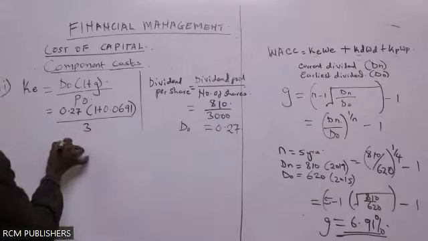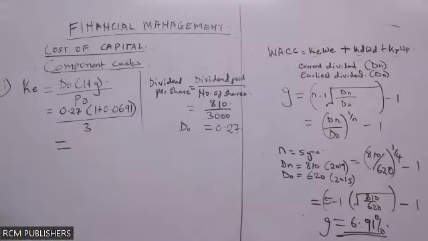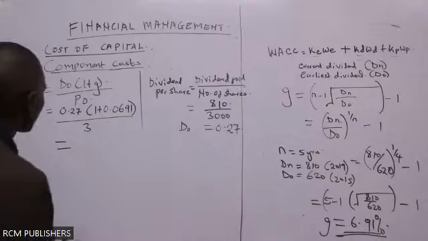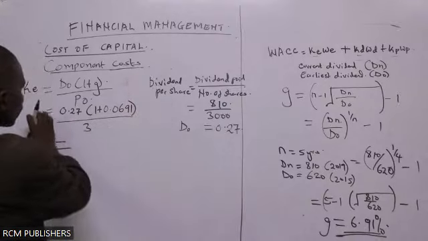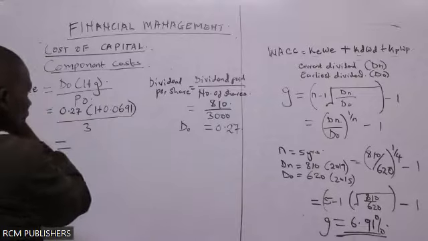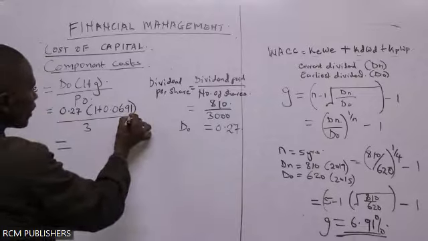So can you compute for me the KE? Please compute for me the KE. And this is growth. Remember, this is growth for the ordinary share, not for retained earning.